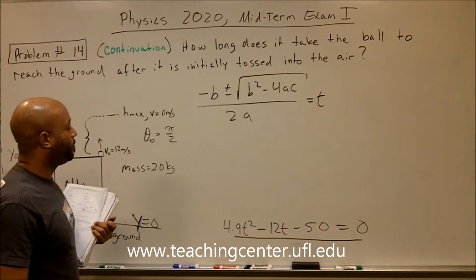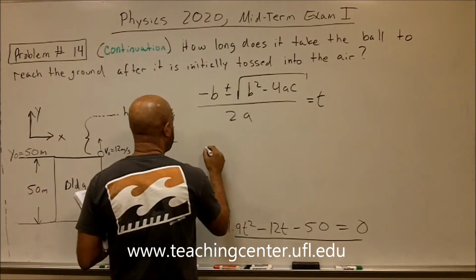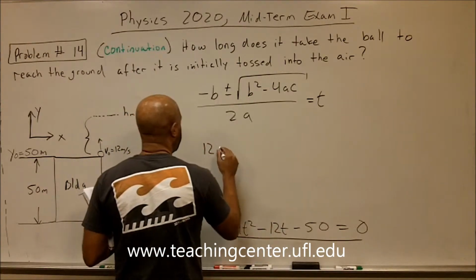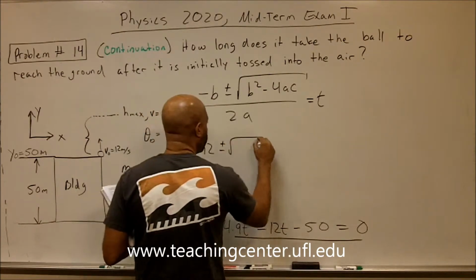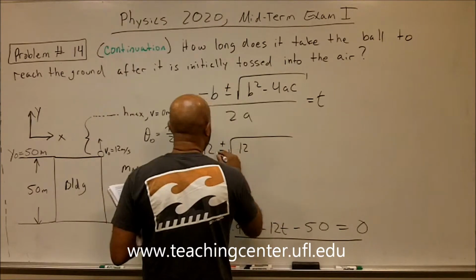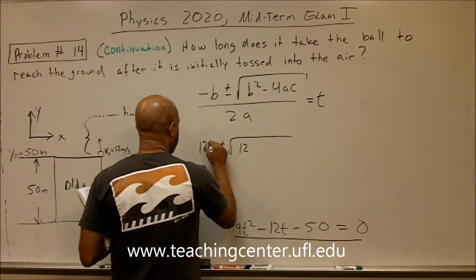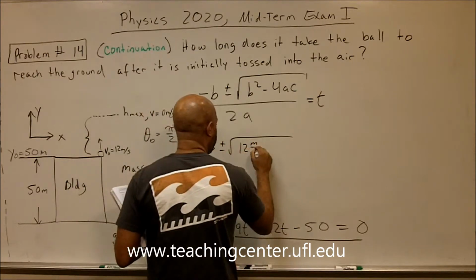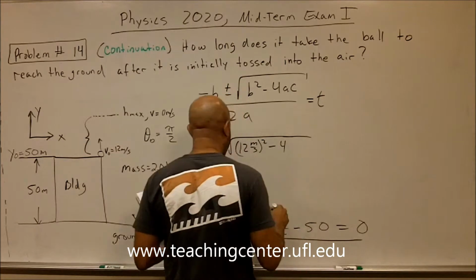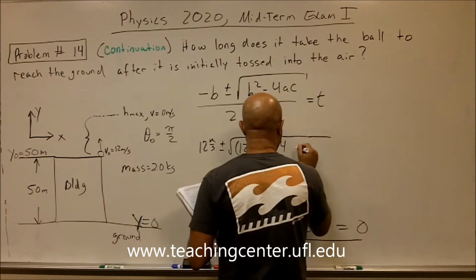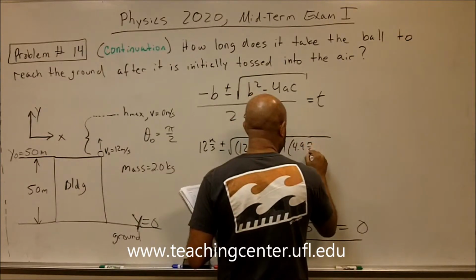So substituting in the information, so we have a minus, so that's a positive 12, plus or minus the square root of 12, and let's carry the units now again, 12 meters per second squared minus 4 times a, which is 4.9 meters per second squared.